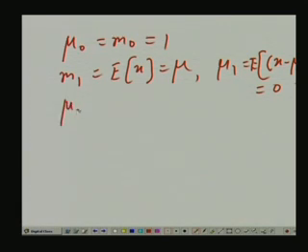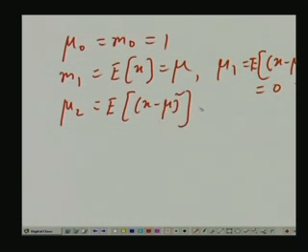What is mu 2? This is what we have termed the variance sigma square, and we have also seen that if you expand it, you get m 2 minus m 1 square.